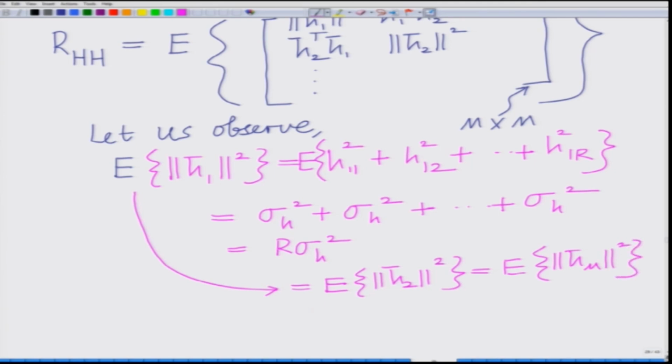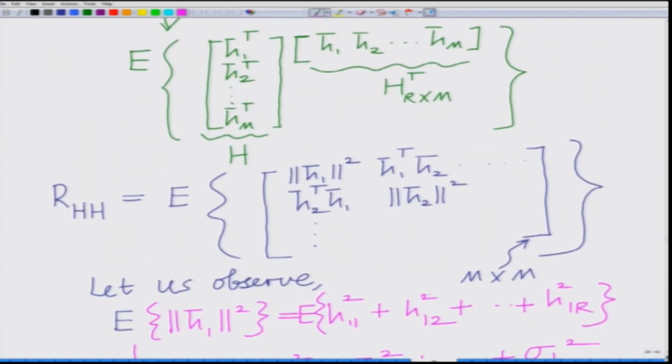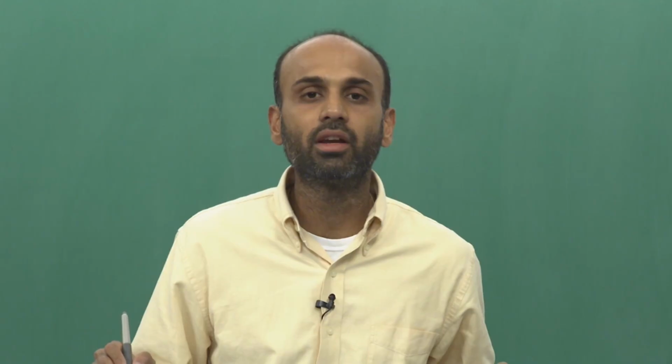Each of these is equal to R sigma H square, which means all the diagonal entries of the covariance matrix will be R sigma H square.